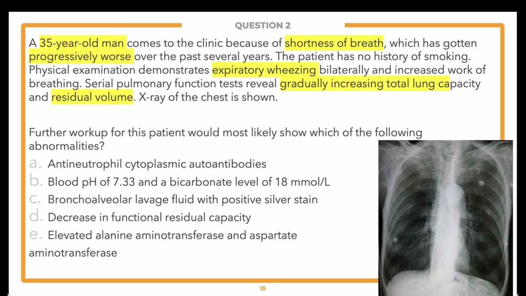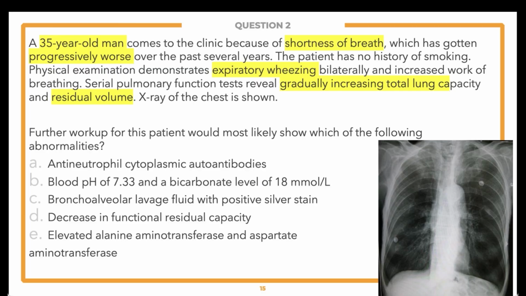Okay, so I'm going to share the results. Let's see, where are we? This is an interesting spread. So we have a tie between decrease in functional residual capacity and elevated alanine aminotransferase and aspartate aminotransferase. And then it's very unique.